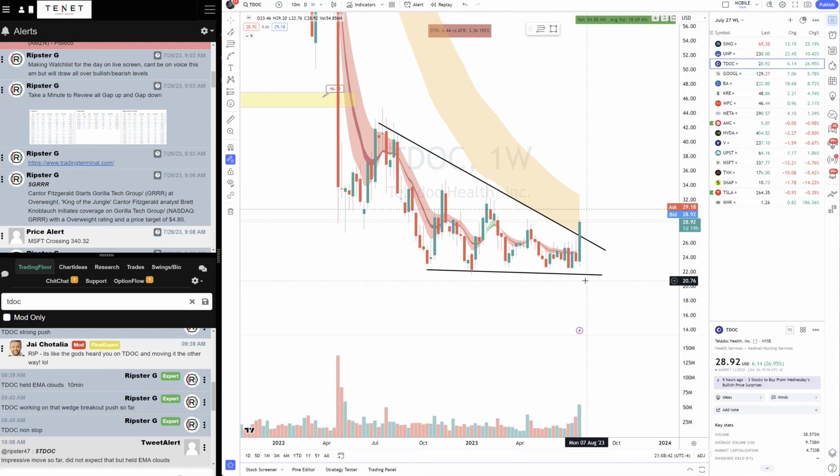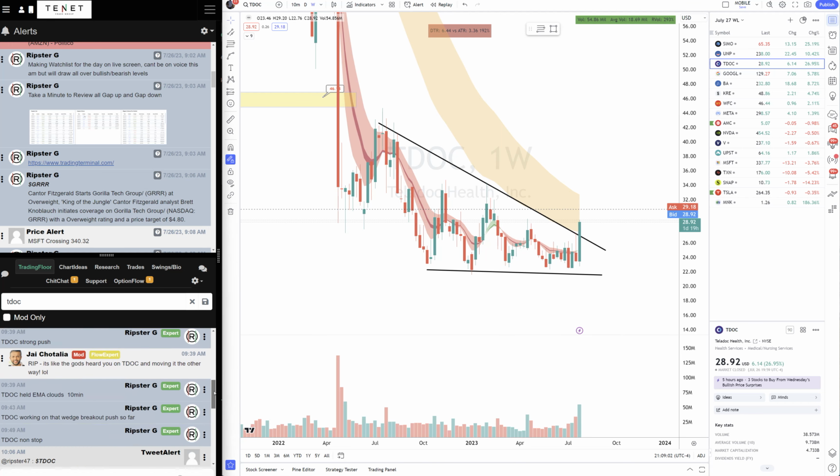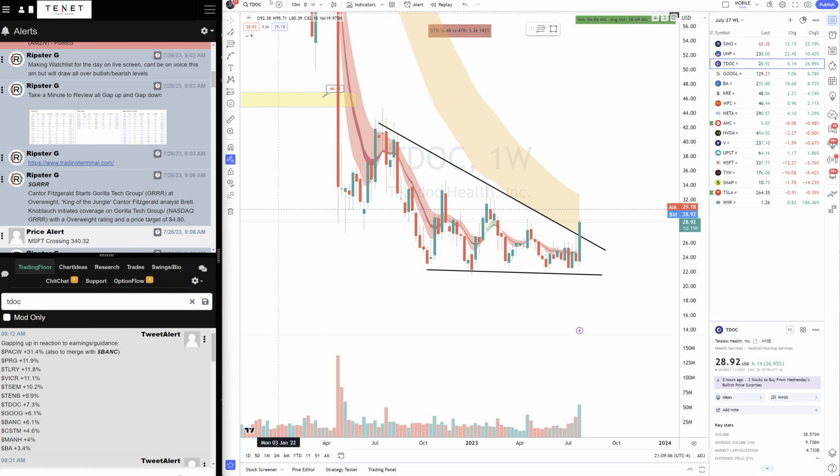But that setup didn't come to us. Instead of that setup, it became an earning play mover to the upside. And this was the falling downtrend line. That was the breakout, and target was 30. I was talking all day about it. Personally, I missed a good entry, but I know a lot of you were trading T-Dog today.